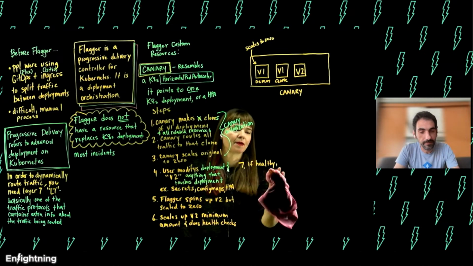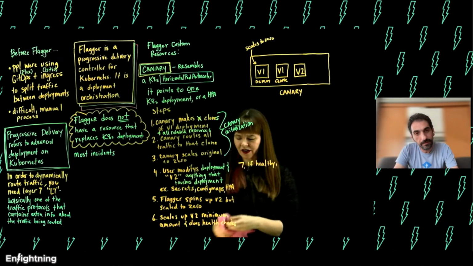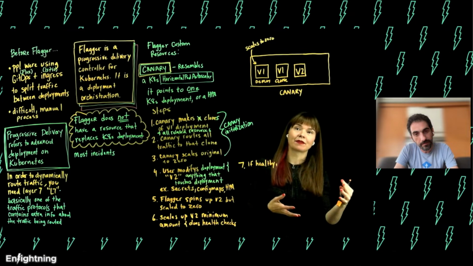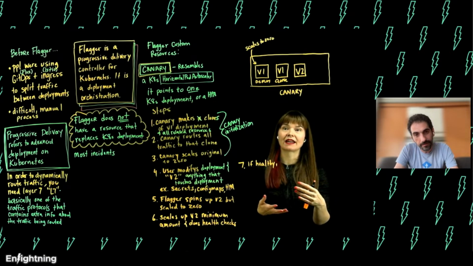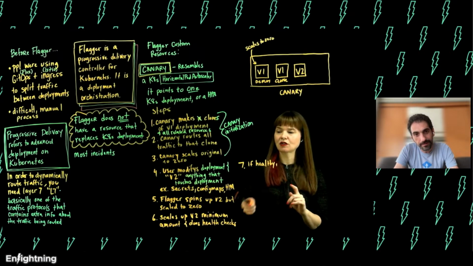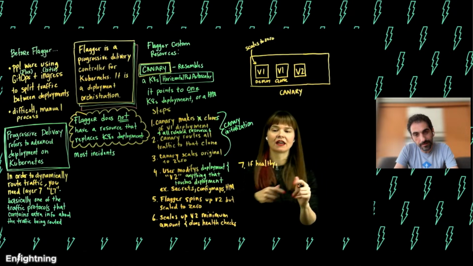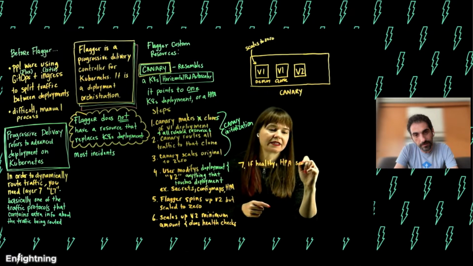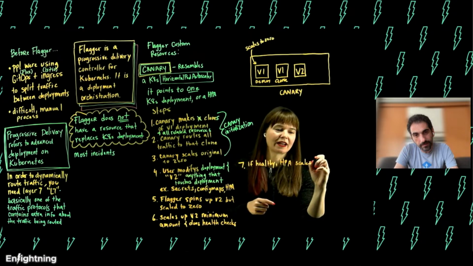But the horizontal pod autoscaler, like with Canary, you're scaling up a little bit, doing some checks, scaling up a little bit, doing some checks, right? So if healthy, the horizontal pod autoscaler scales up a little bit, right?